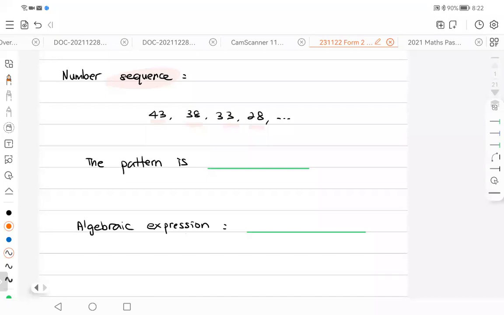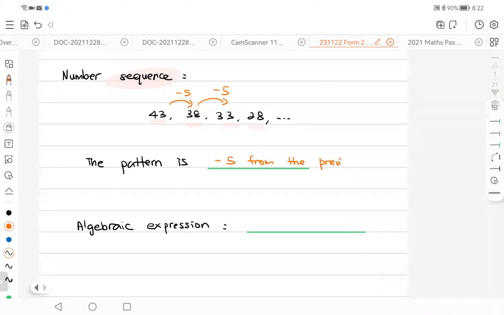So the pattern is subtracting 5 from the previous number. Subtract 5 from the number before also can. As long as you got the meaning, subtracting 5 from the previous number.